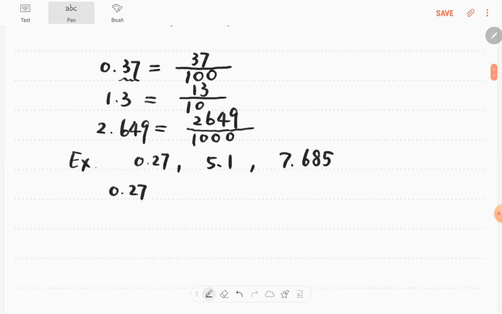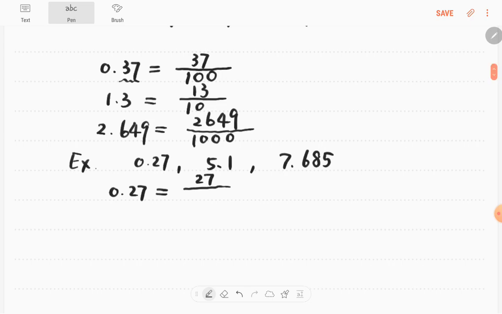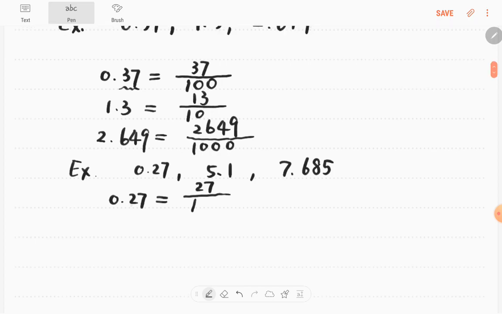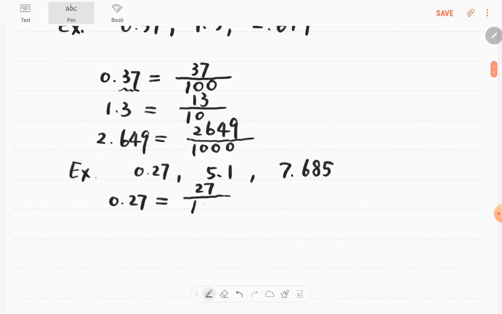The first one, what's our numerator here? It's 27, so we just put 27. Now we should figure out what's the denominator. First, we just write our 1 here. Then check how many zeros we should add after the 1. We check how many decimal places are in this decimal. That's 2, so we add 2 zeros.